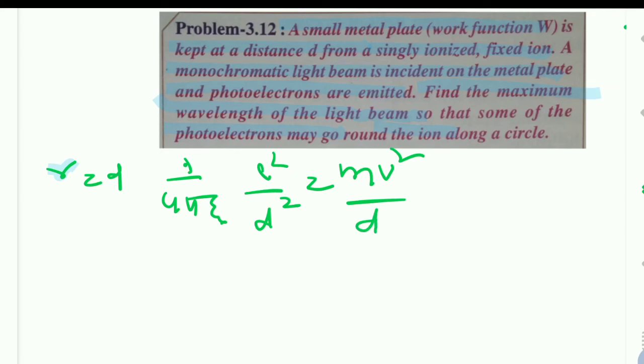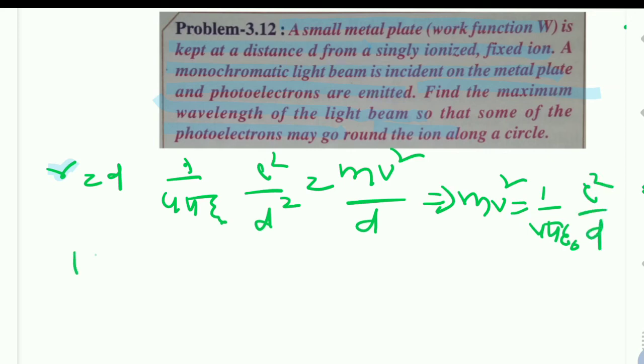Then mv square is equal to 1 by 4 pi epsilon naught e square by d. Then the kinetic energy K is 1 by 8 pi epsilon naught e square by d.